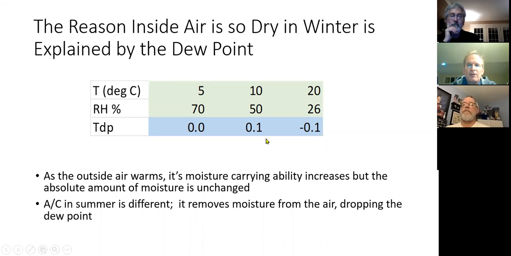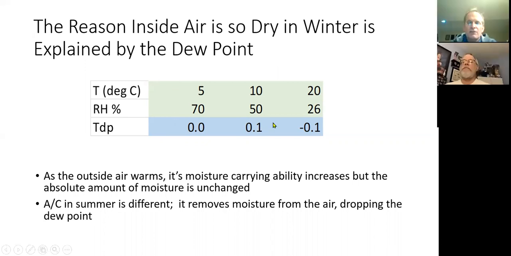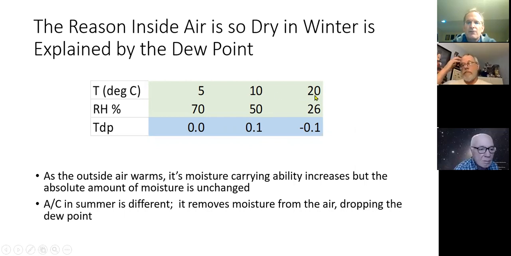So it starts to warm up to 10 degrees C. Well, the relative humidity will drop because the dew point isn't going to change. The total amount of moisture in the air hasn't changed. It's just the relative humidity, its ability to carry the moisture, has changed. So the relative humidity will go down as the temperature goes up. And then finally, if it goes up to 20 degrees C, the relative humidity will be 6%, and the dew point will stay at 0.